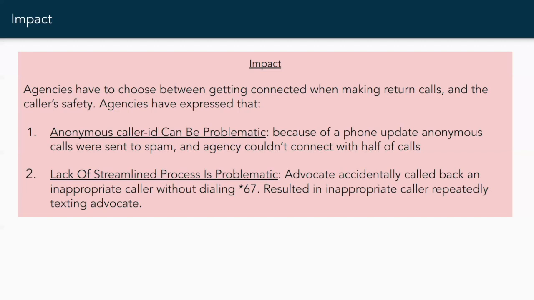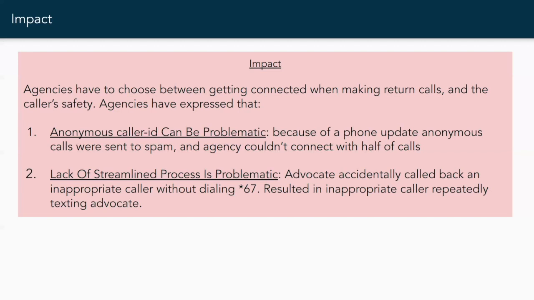And so we've learned that agencies often have to choose between actually getting connected when making return calls and maintaining those protocols and measures to encourage the client's safety. Because we've learned that anonymous caller ID can be really difficult to get through. We all get a lot of spam calls these days.